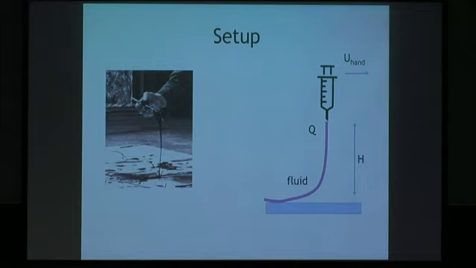And this has also been done to study this subject. Again, we have a syringe that is injecting a certain amount of fluid and is being deposited on top of a substrate. In that case, the hand is the syringe and is moving. Of course, in the laboratory frame of reference, it's better to fix the syringe and then just move the floor, but it's the same problem.